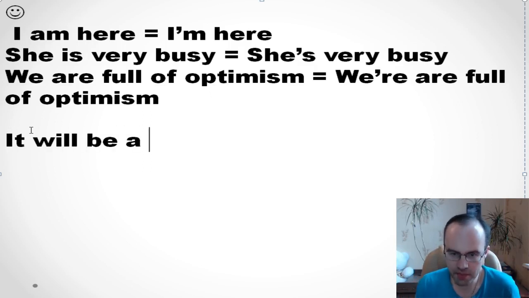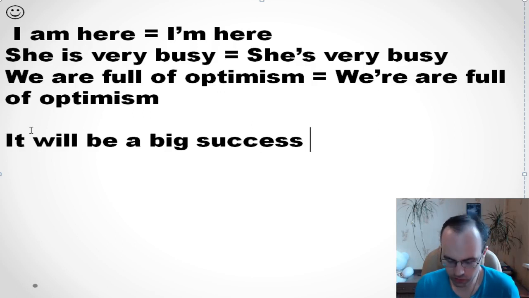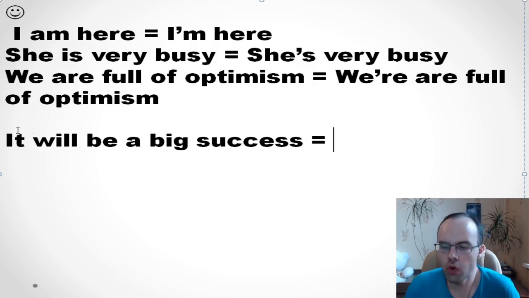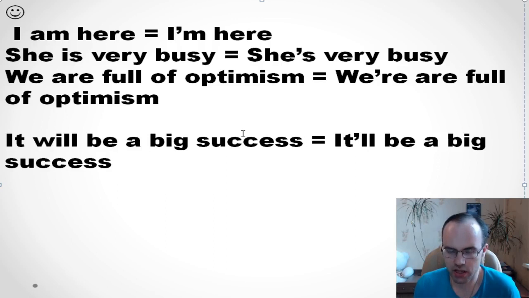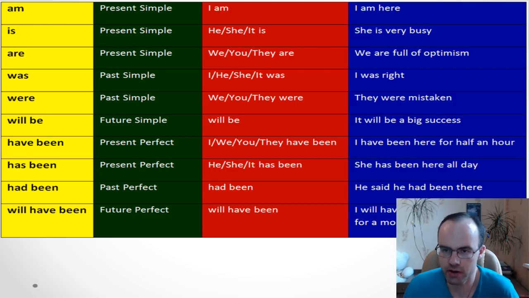You know it's a full form, so we often meet a short form. It's quite natural to say it'll be a big success. Okay, so it's very natural to say so. So if you meet a short form, please don't be surprised. So it means it will be a big success. Okay, very good, my friends.